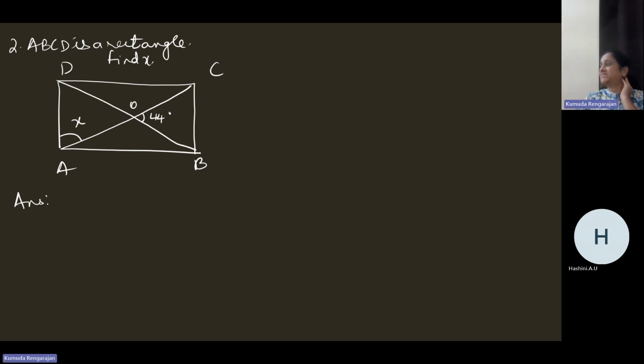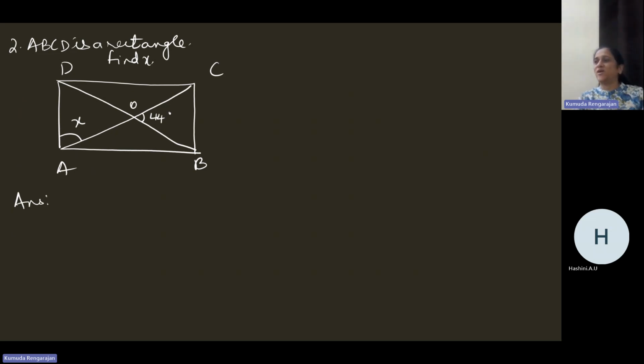Kite, rhombus, and square. These are the three plane figures where the diagonals meet at right angles. So in a rectangle, the diagonals don't meet at right angles.